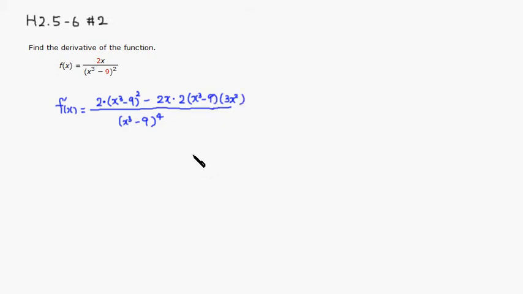All right. Then what we're going to do is simplify by factoring out as many common factors as possible. So let's do that. It looks like there's a 2 right here, and the second term has a 2 also, so we can factor out 2.